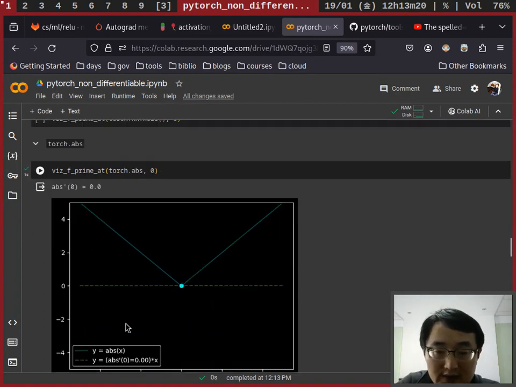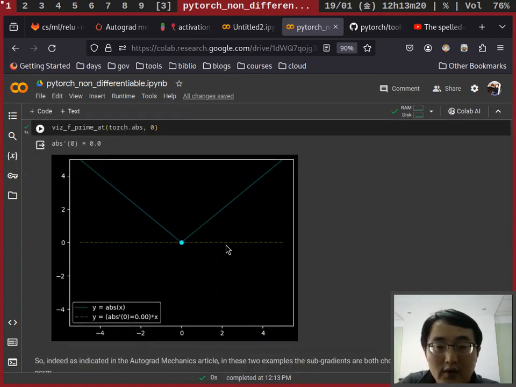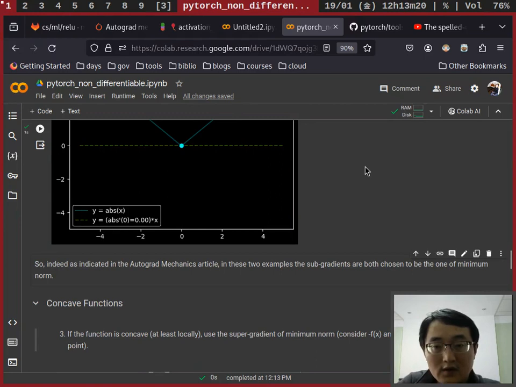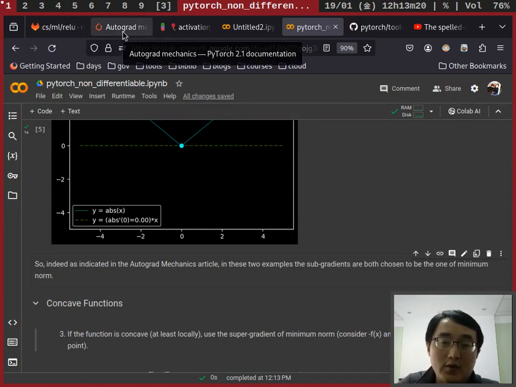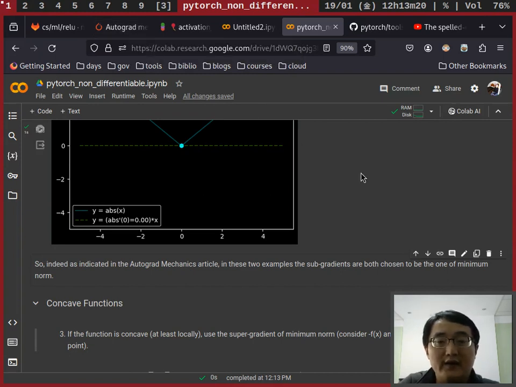In this case, it also gives the horizontal line as the subgradient, and it is indeed also the subgradient of minimum norm. So the second point in the autograd mechanics is verified, at least for these two functions.